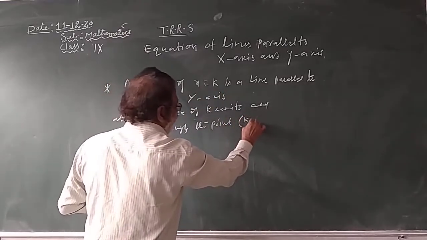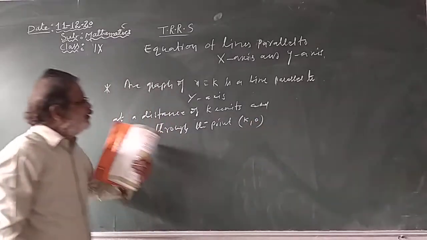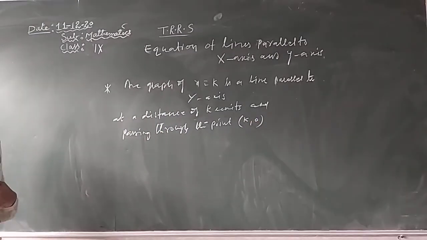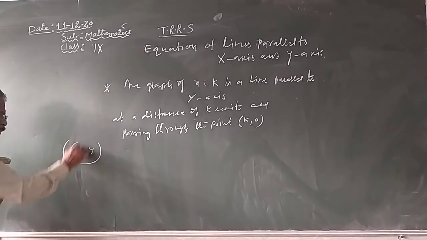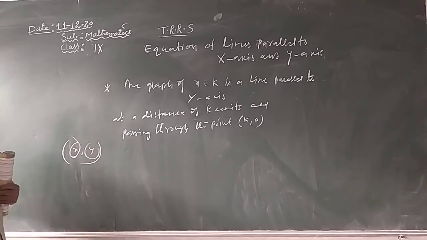The first point is k and the other one is 0. It is parallel to the y-axis, so y will be 0. In any point you know that the first coordinate is x, the second coordinate is y.